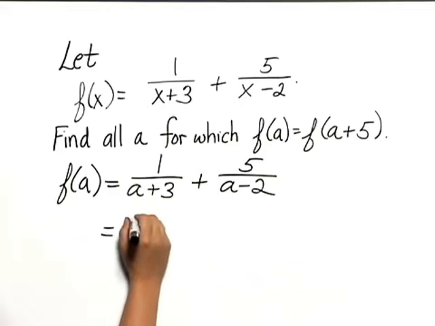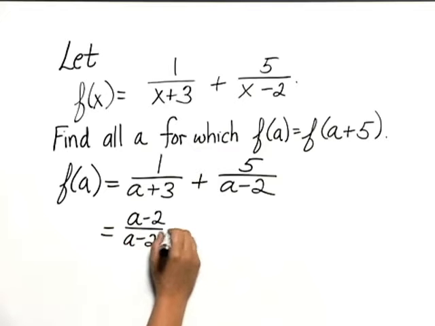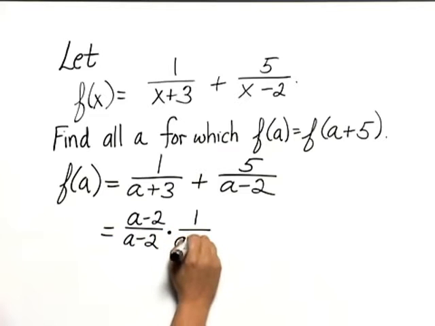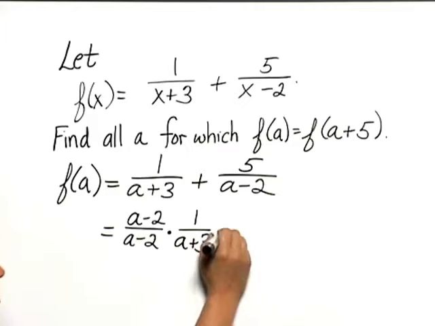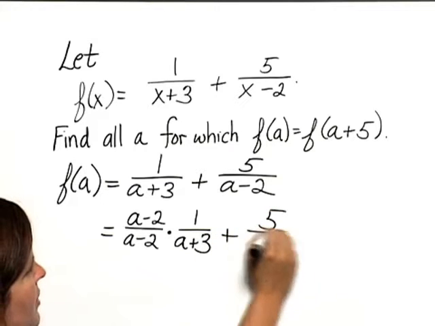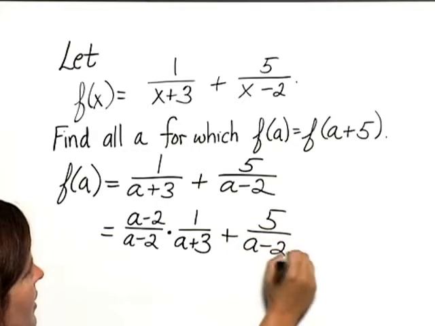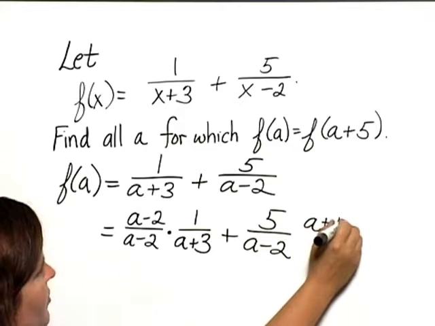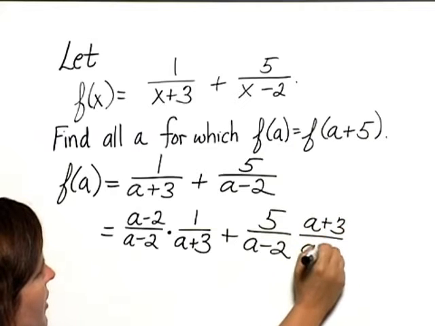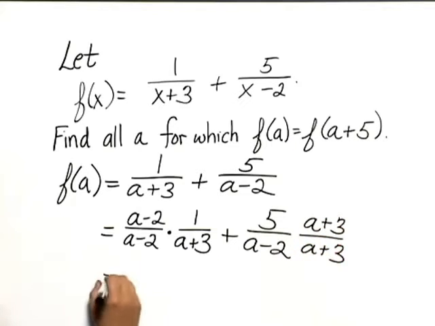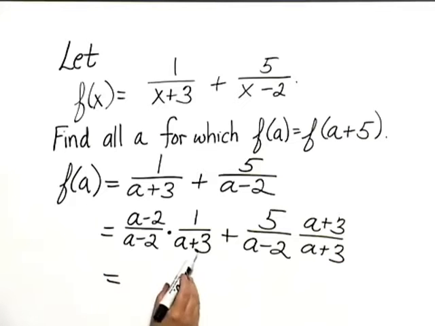So let's multiply the first expression by a minus 2 over a minus 2. That's another expression for 1. And we'll multiply the second expression by a plus 3 over a plus 3. Then we would have a common denominator of a minus 2 times a plus 3.